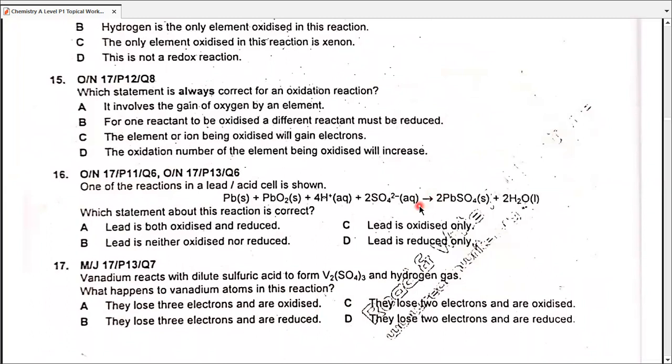For 15, if you're good with the basics, the 4 different definitions of oxidation and reduction, you would easily be able to solve this.